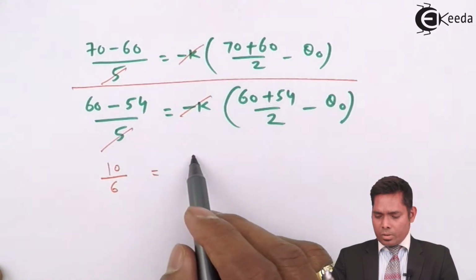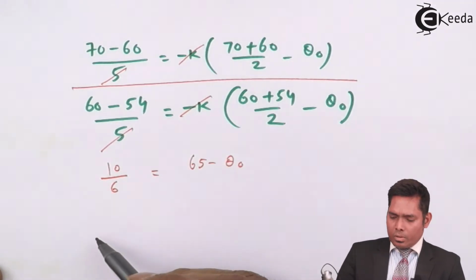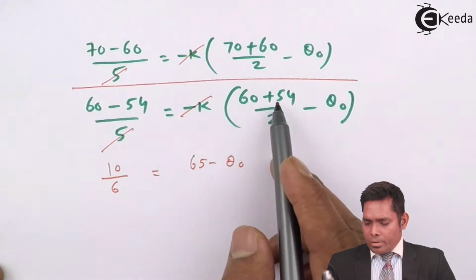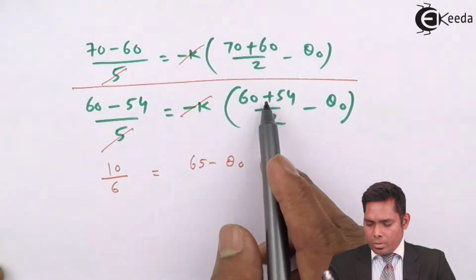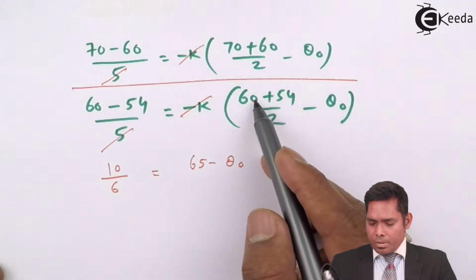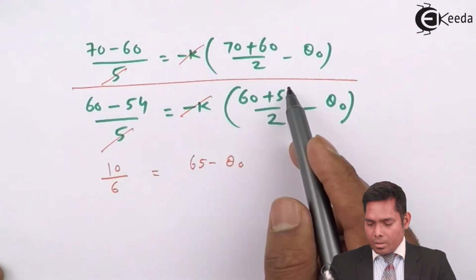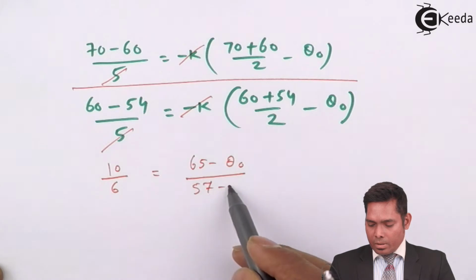Okay, so 65 minus theta naught, divided by 57, because 54 plus 6 is 3 plus 3, so 57. I'll write here 57 minus theta naught.